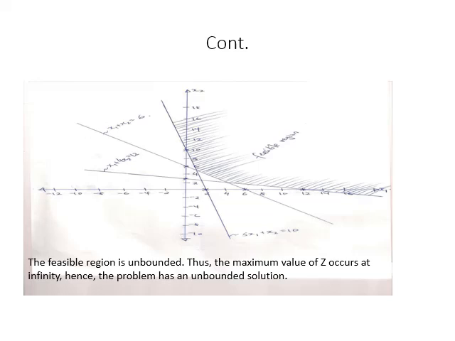The visible region, as you see, is unbounded. The maximum value of z occurs at infinity. Hence, the problem has an unbounded solution. Check the visible region. The problem is one of maximization.